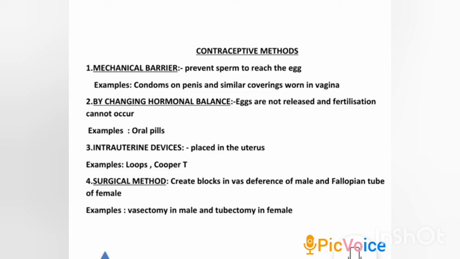Examples are vasectomy in male. Vasectomy means making blocks in the vas deferens, and tubectomy in female. Tubectomy means the blocks are made in the fallopian tube or oviduct.